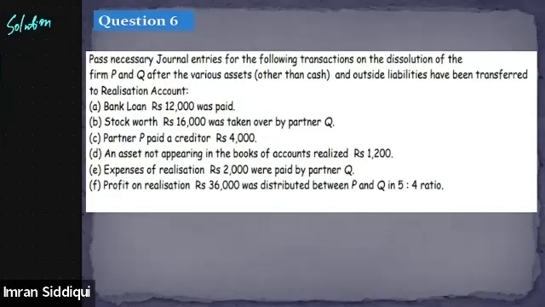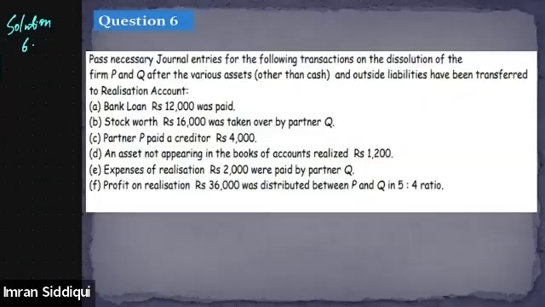Solution to question number 6. Let's first of all read this question carefully. It says that we need to pass the journal entries, considering the following transactions of the firm P and Q, after the various assets and outside liabilities have been transferred to realization account.